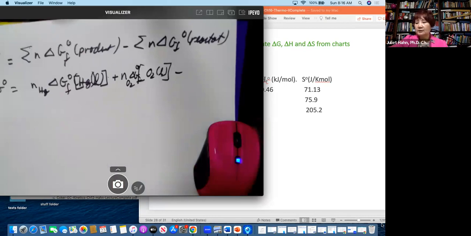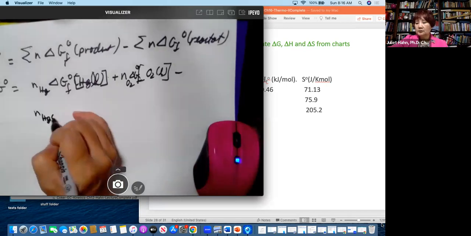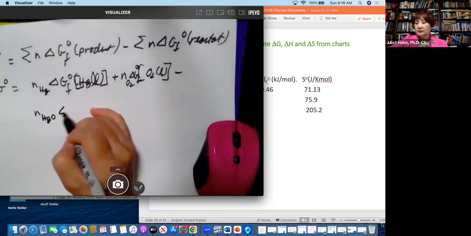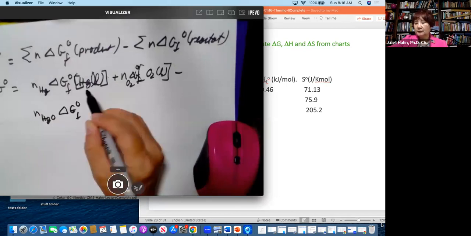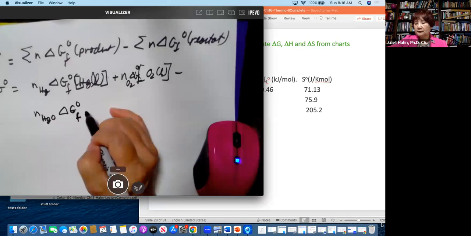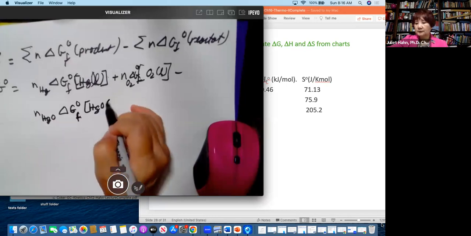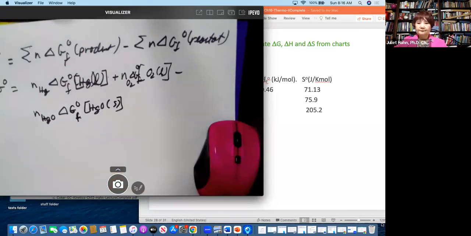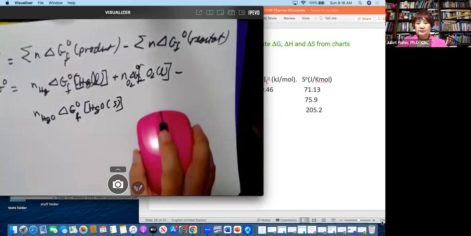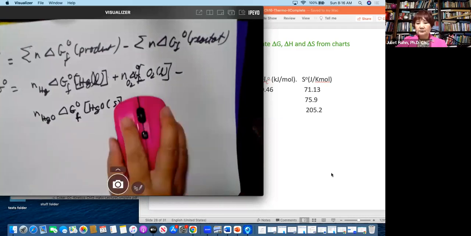So the number of moles of HgO times the free energy of formation of HgO, and HgO is a solid, I believe. So there's our equation.